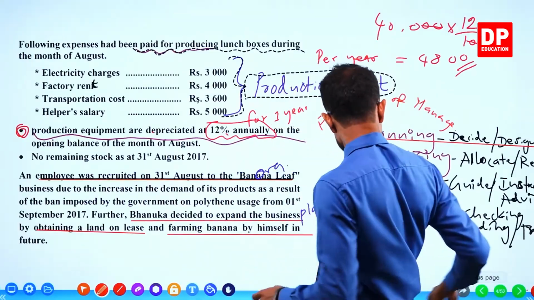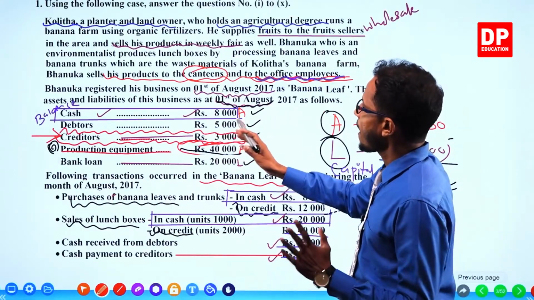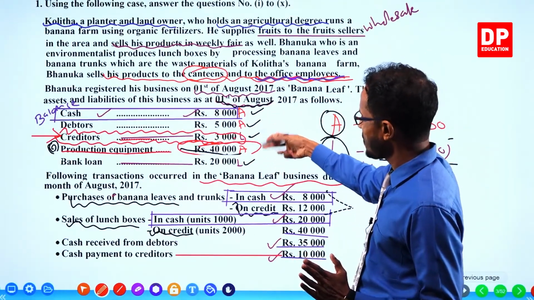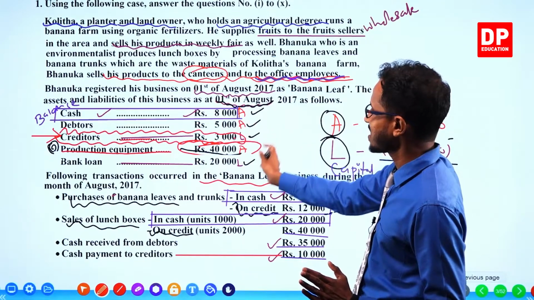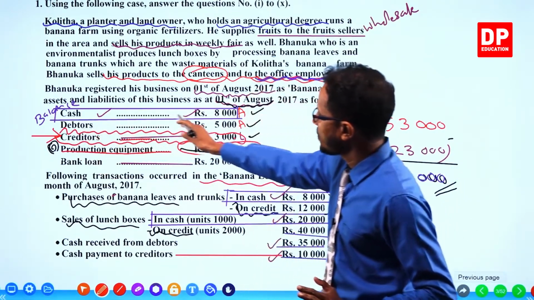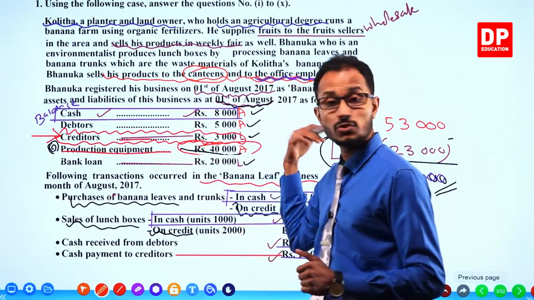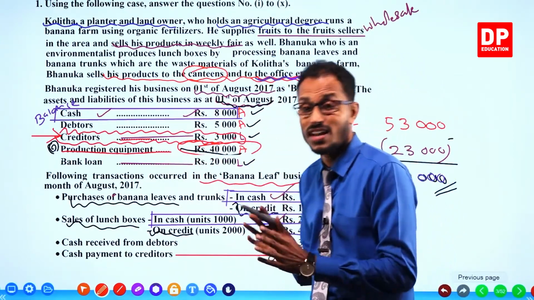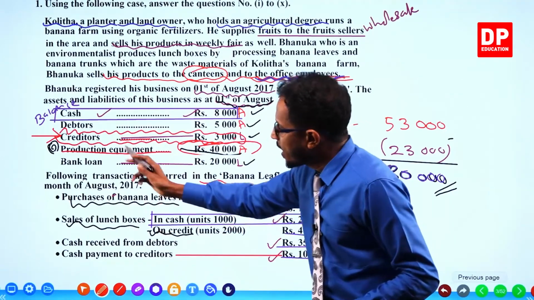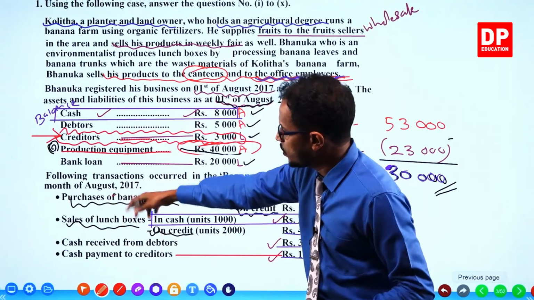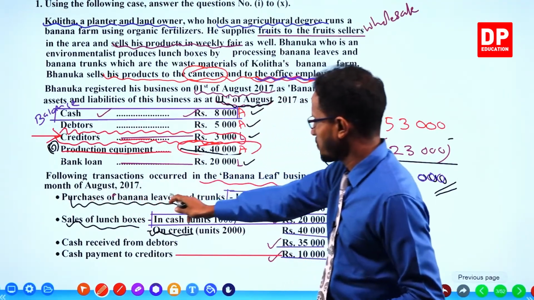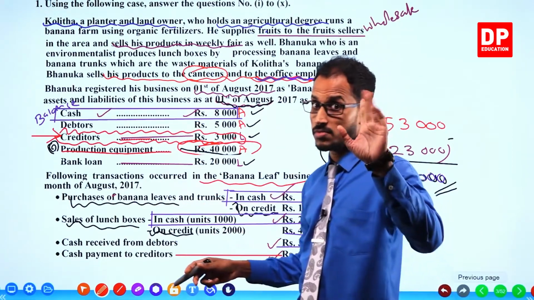Now we took these are assets and liabilities. We have marked assets and liabilities in this section. So these items are not actually relevant to that question, because that question is about production cost. Here underneath below we have purchase of banana leaves and trunks, direct materials.